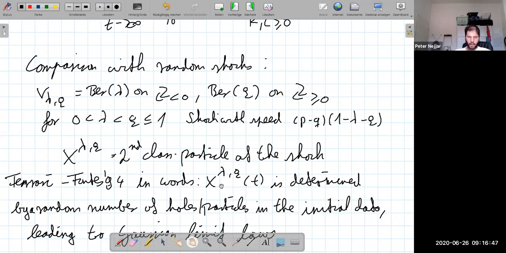Okay, so in that case, what happens to X lambda rho is that the limit law is distributed like a Gaussian, and for this random initial data, you can also obtain a dynamical phase transition where the limit law is a convex combination of the Bernoulli lambda distribution and the Bernoulli rho distribution.